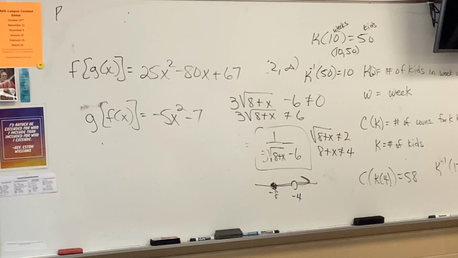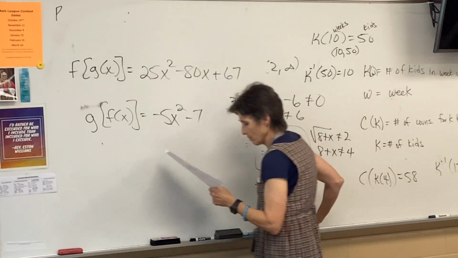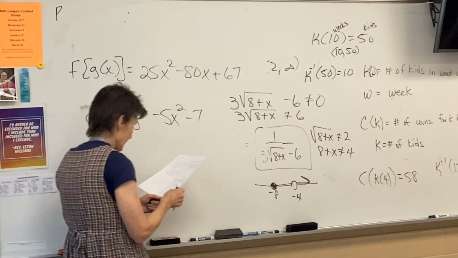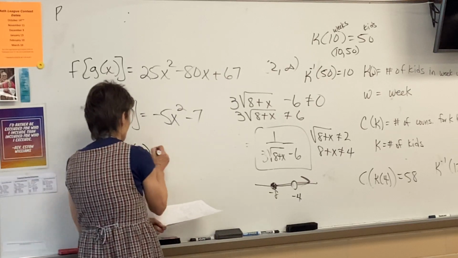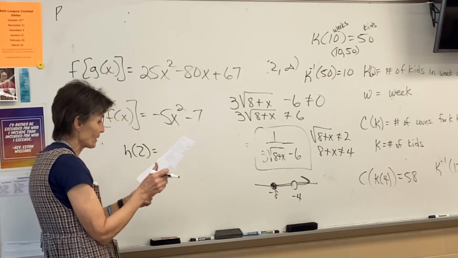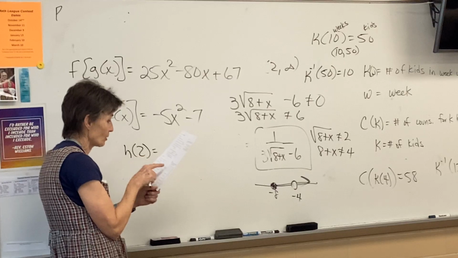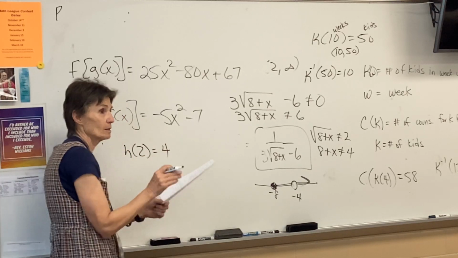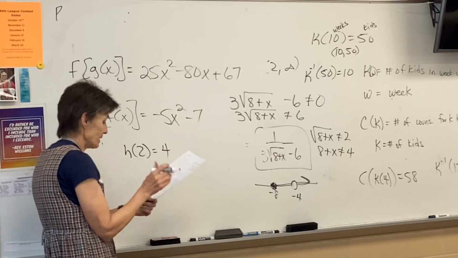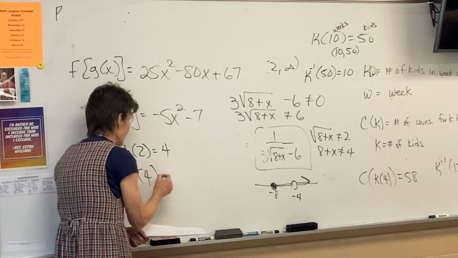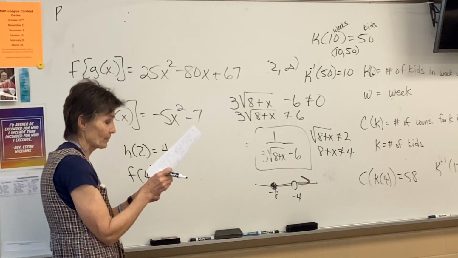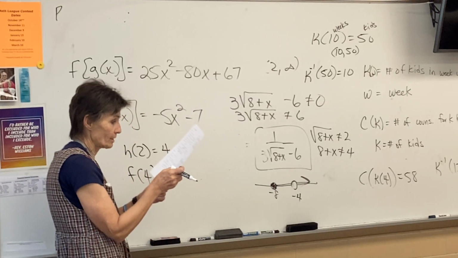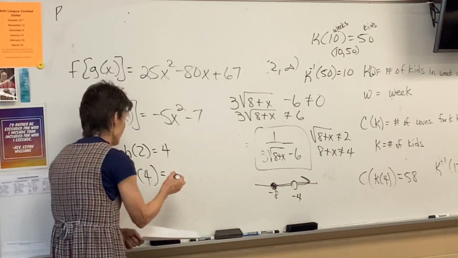Square root of 39. Okay. Either I am wrong or you are wrong. Let's do F together. So what's H of 2? I'm going to start there. H is my chart, so H of 2 is 4, right? And now I need F of 4, and F is my picture. So F of 4 is 3.